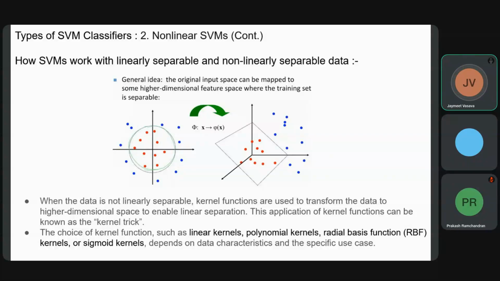When the data is not linearly separable, kernel functions are used to transform the data to a higher dimensional space to enable linear separation. This application of kernel functions is known as the kernel trick. Now, depending on the use case and the data characteristics, there are different kernels available: linear kernels, polynomial kernels, radial basis function kernels, or sigmoid kernels.